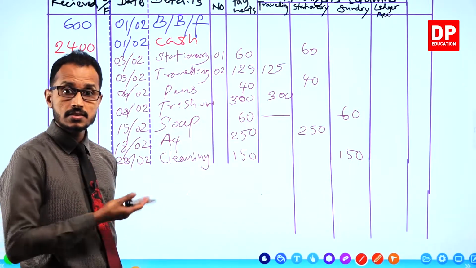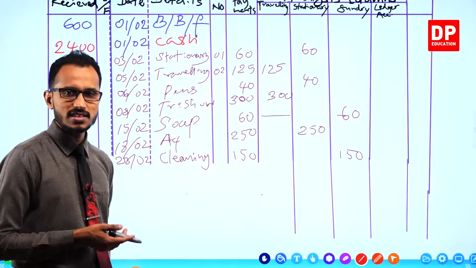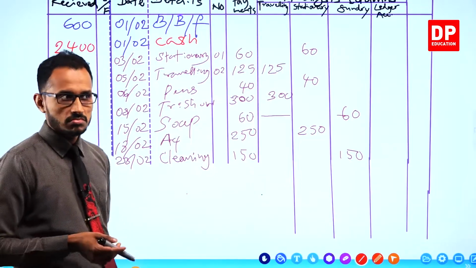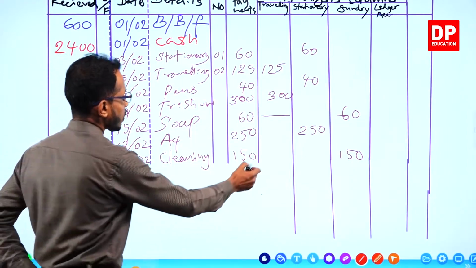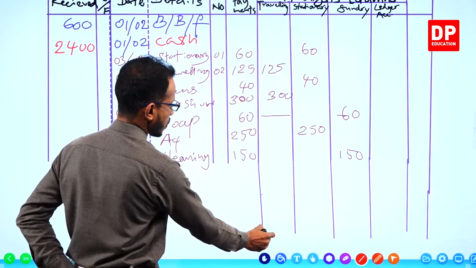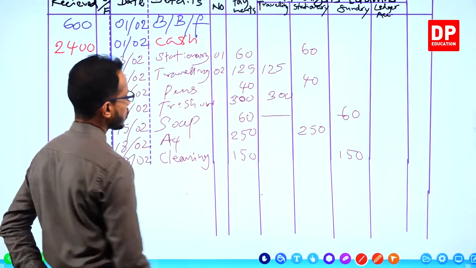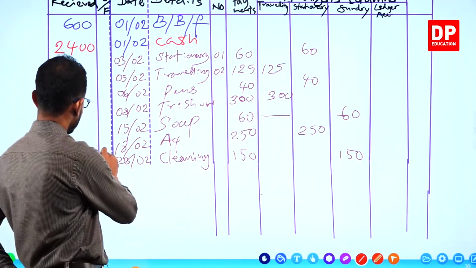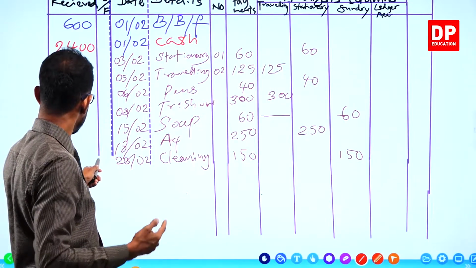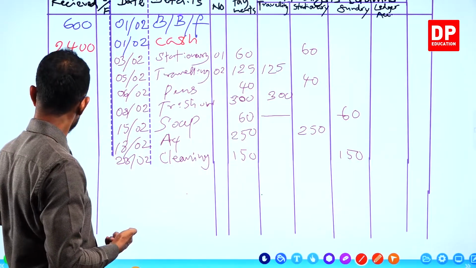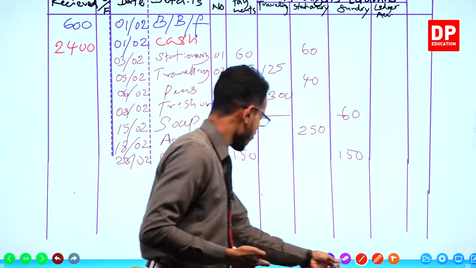We have to balance it, right? Some people say that balancing is hard, difficult, confusing. So we'll try to balance it.